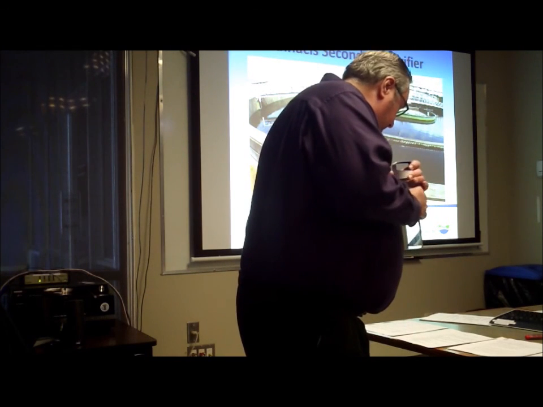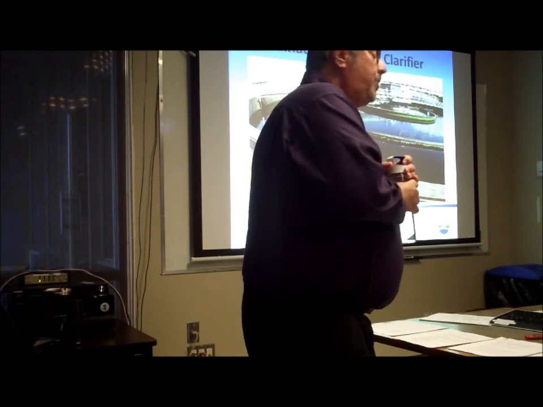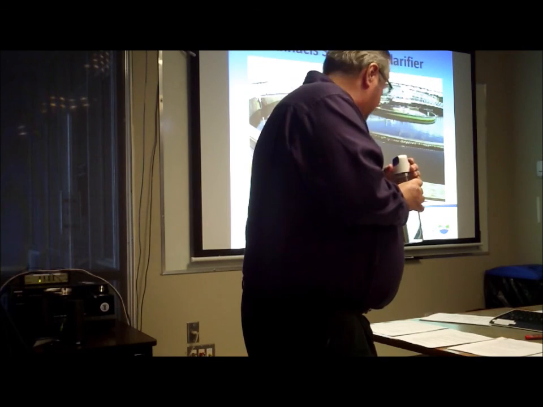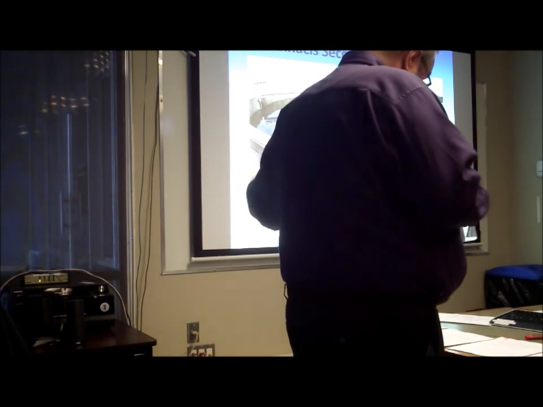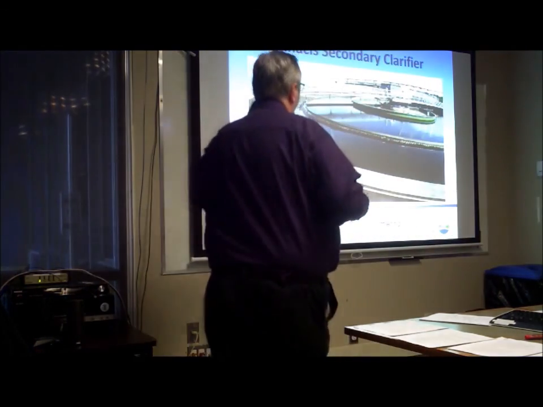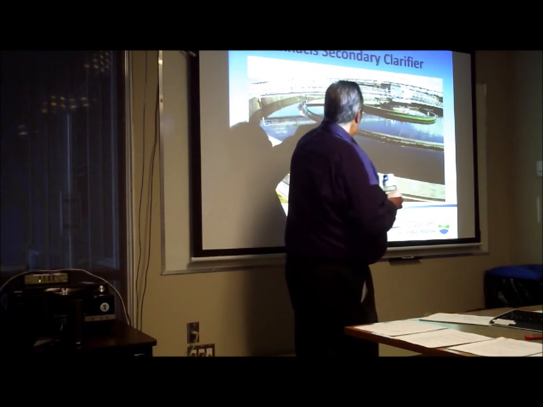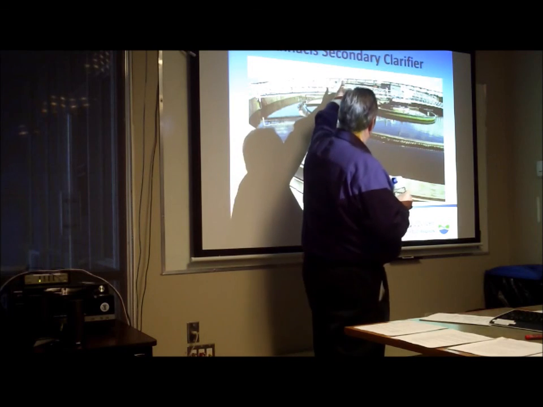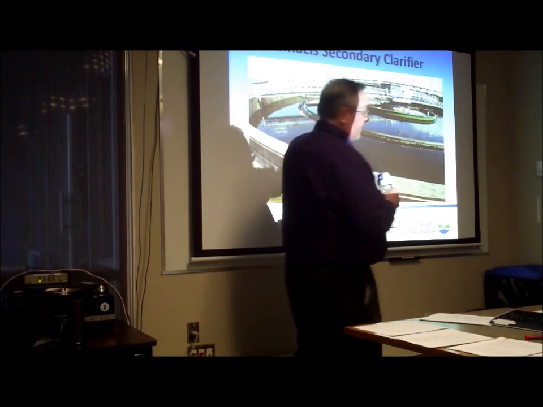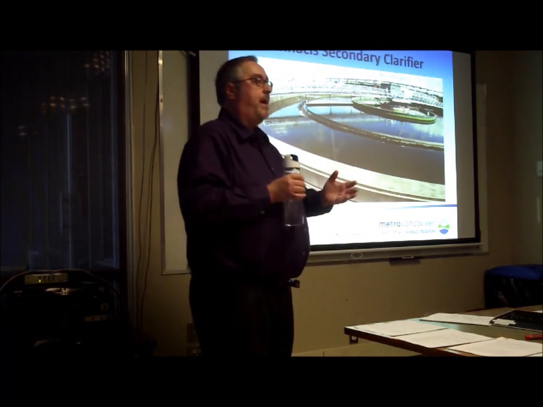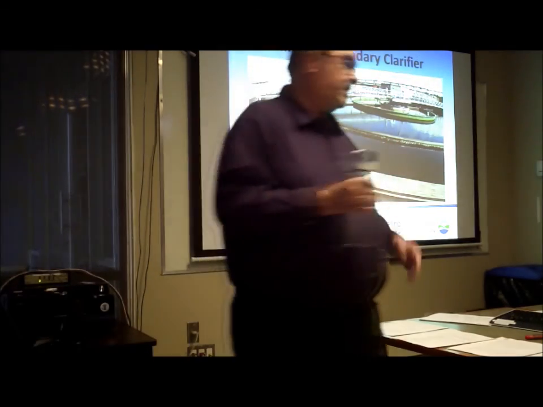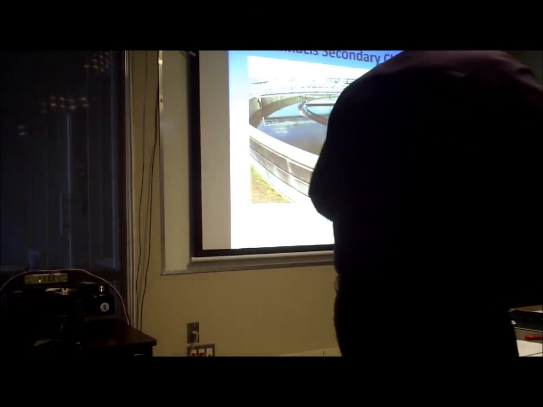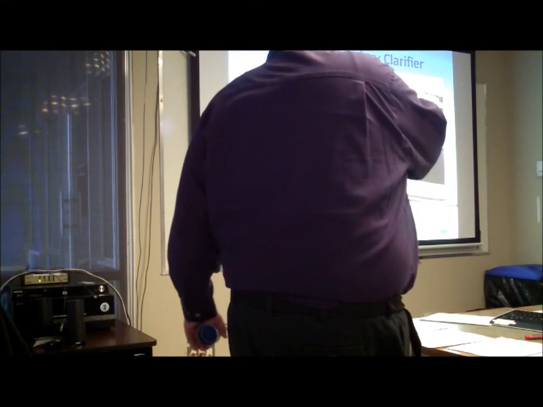They have a 7,288 meter cubed volume. They have inboard launders. They do have a scum baffle here. And they have a scum trough with a scraper blade, usually underneath the catwalk. So when the arm goes by, the rubber scraper pulls the scum into there, and the pump comes on periodically to pump it away.